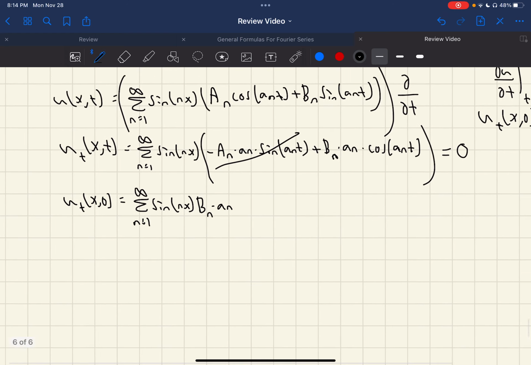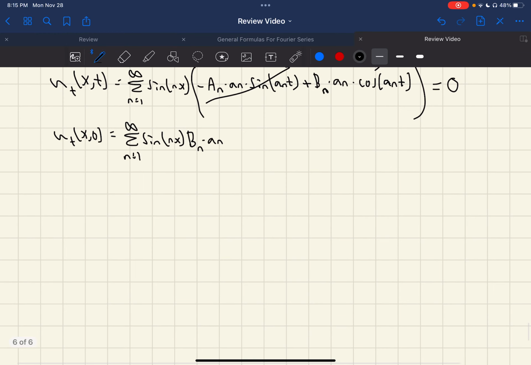So now we have another familiar series, a half-range sine series, which means we can treat this capital B n as the lowercase b n, a coefficient from a regular Fourier series.